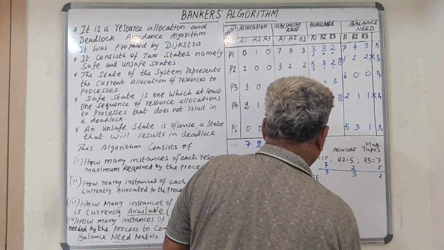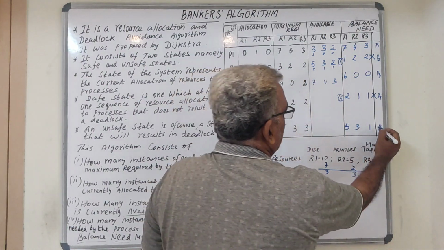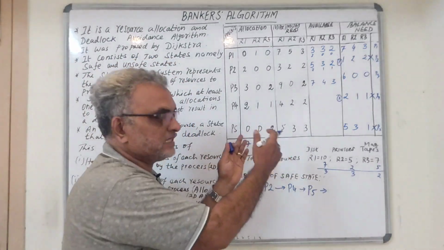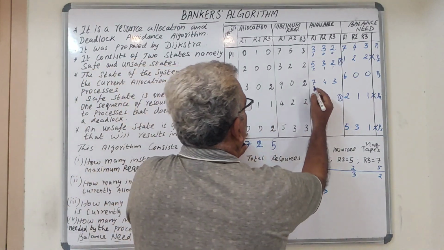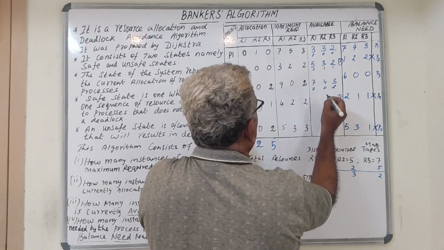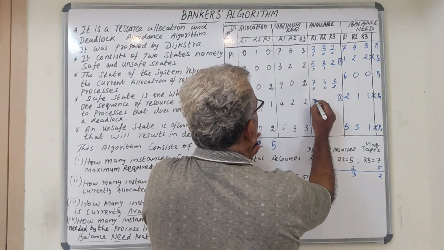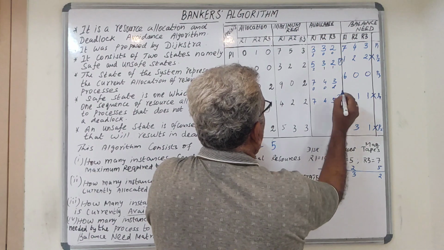So process P5 can be executed next. After completion of P5, all these instances of resources will be reclaimed, so add this value to the currently available resources. So 0, 0, 2, now the value becomes 7, 4, 5.